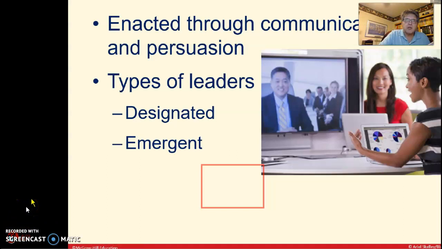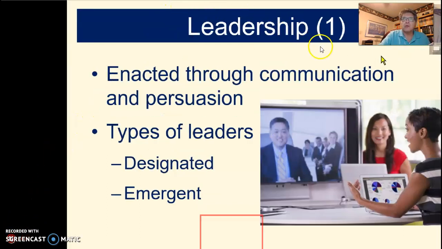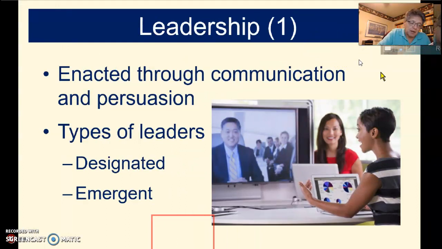Part of our examination of group communication also deals with the importance and place of leadership within groups. Leadership is defined as a process of using communication to influence the behaviors and attitudes of others in order to meet group goals.